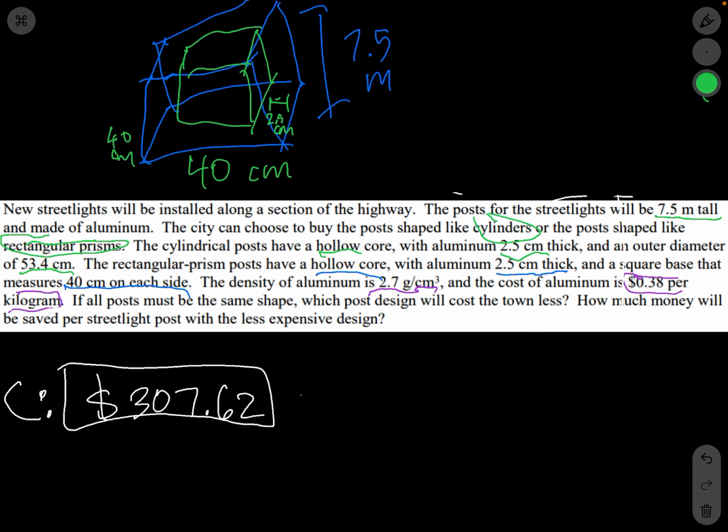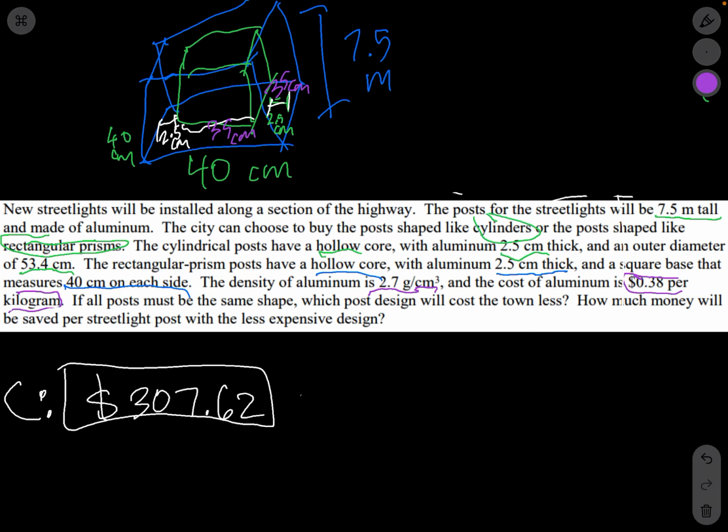Same thing here: we just subtract the volume of the rectangular prism on the inside from the volume of the whole rectangular prism. So we can find the length and width of the inner square base. Since there's a 2.5 centimeter space on each side, this side is going to be 35 centimeters, and since it's a square base, all the sides are 35 centimeters.